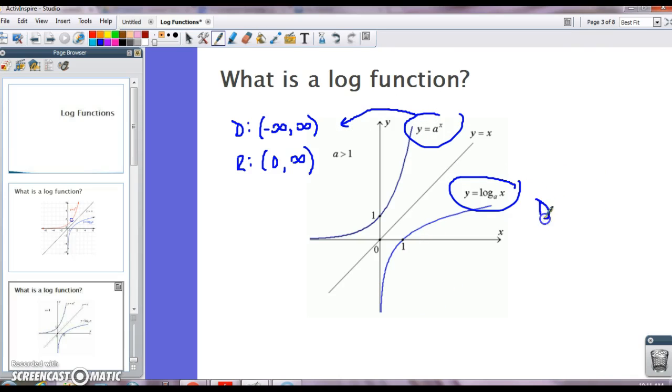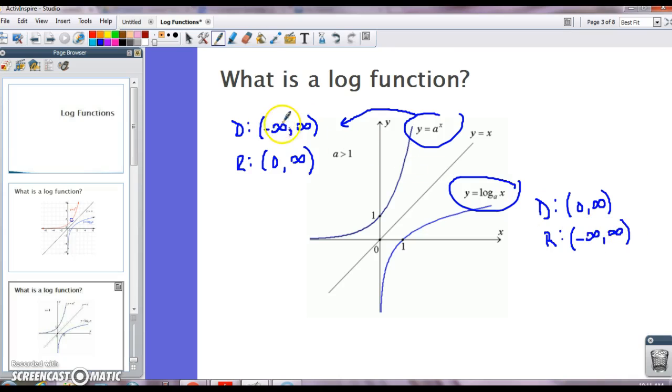Our domain for our log function has to be everything greater than 0. You can see that from the graph. All of our x values are greater than 0. But for our range, we go forever in the negative y and in the positive y direction. So our range goes from negative infinity to positive infinity.